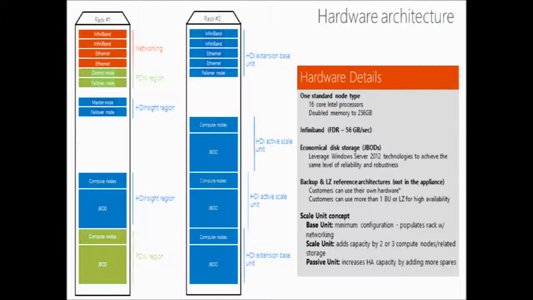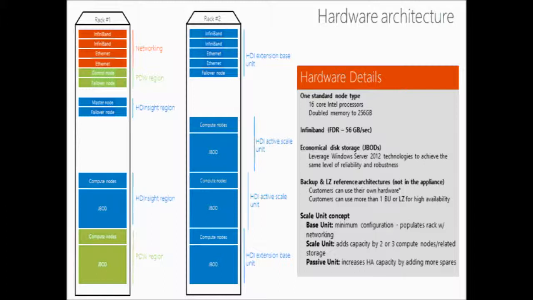And we also have a concept of base unit, scale unit, and passive unit. Let's see what these are meaning. You start with a single rack, and single rack comes with a networking. We have 2 kinds of network, an InfiniBand network and Ethernet network. And as you can see, both these networks are built on top of high availability thinking, meaning that we have 2 switches.